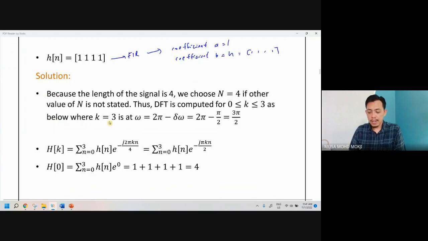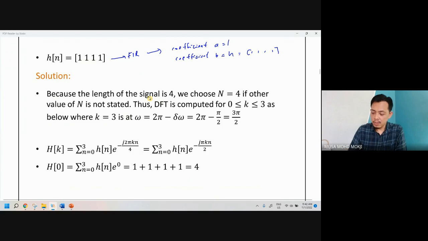Because the length of the signal is 4, that is the length. This is the first thing we learned in the first week: the length of a signal. h[n] is a system, not a signal, but it is a vector, and this is the length of the vector.